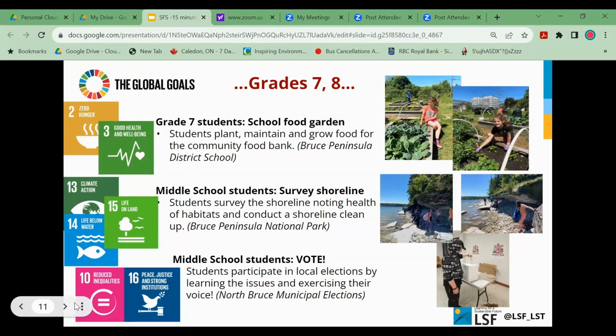Grade 7 and 8s have engaged with their shoreline in one school and water quality, school gardens, and getting involved with local elections and learning the issues. All of these projects were the result of curriculum learning and acting on their learning.